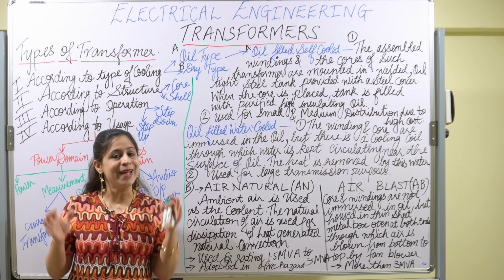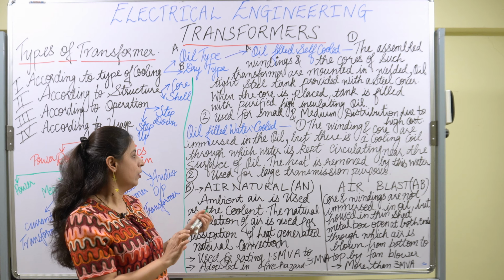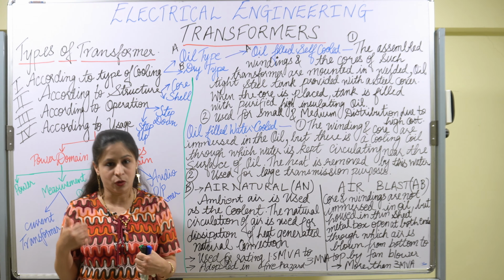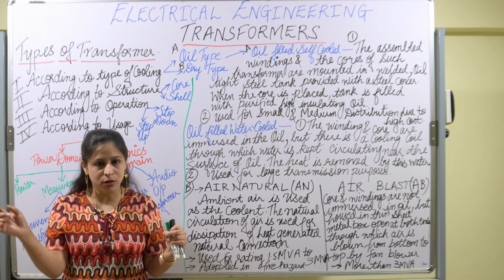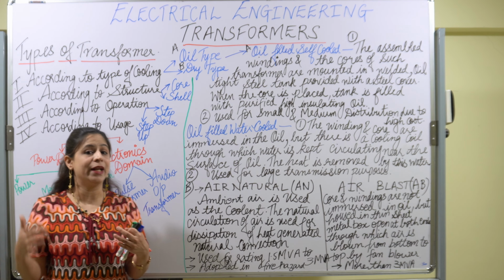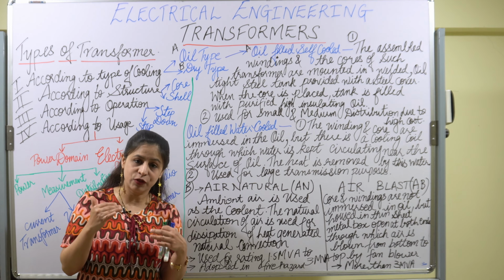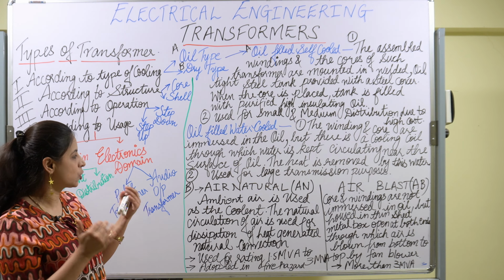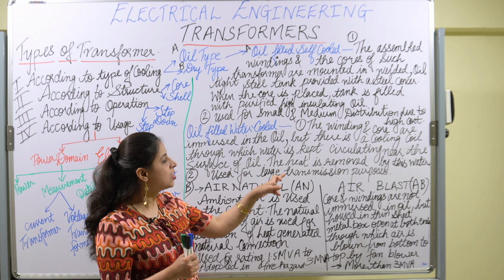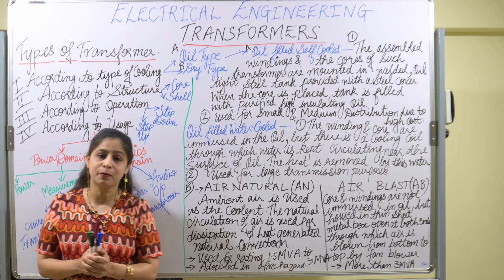Water circulates continuously through that cooling coil, and with that cooling effect the transformer, which gets heated, gets cooled. Heat is removed by this water only, and it is used for large transmission purposes.